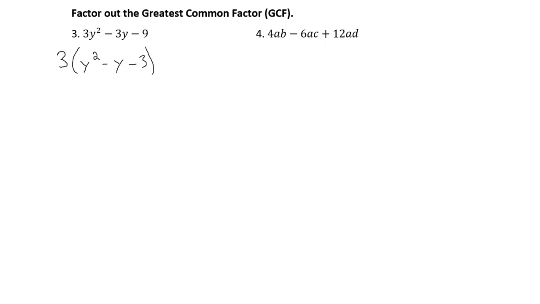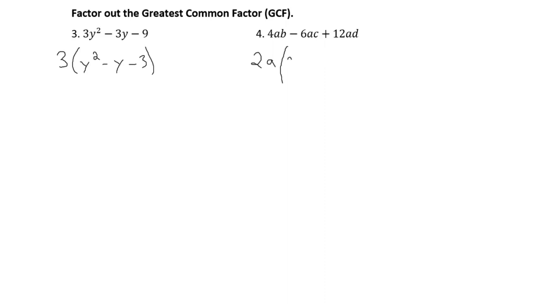All right, so let's look at our fourth example here. 4, 6, and 12. Well, 4 is found in 4 and 12, but it's not in 6. But they're all even numbers, so we can pull out a 2. A is found in each one. B is only found in the first one, so all that we can pull out is just that 2a.